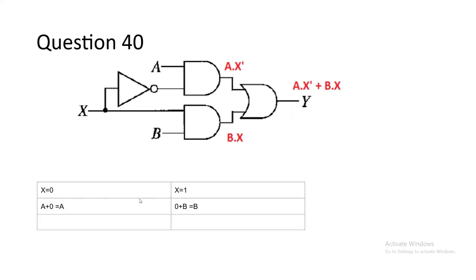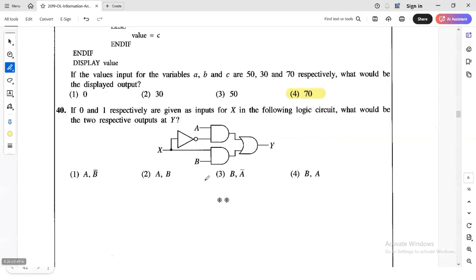So A into 1 is A. In this scenario, when X is 1, here 1 and negation becomes 0. This part will vanish. B into 1 will become B. So the answer would be A and B. So that's the end of 2019 first paper discussion.